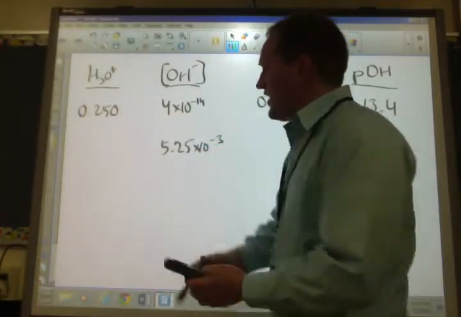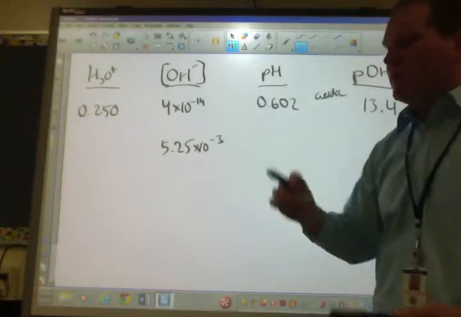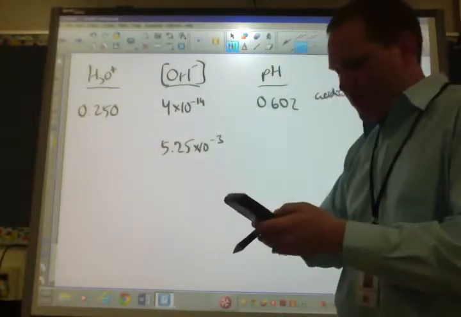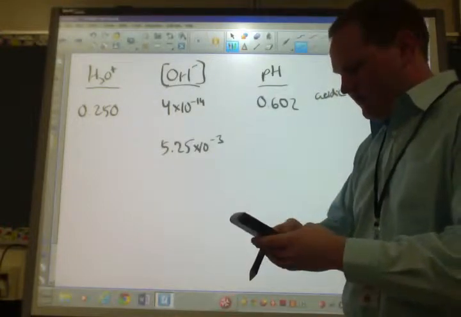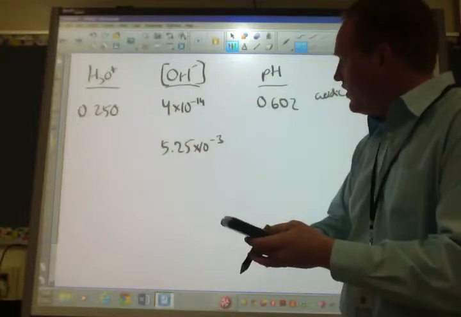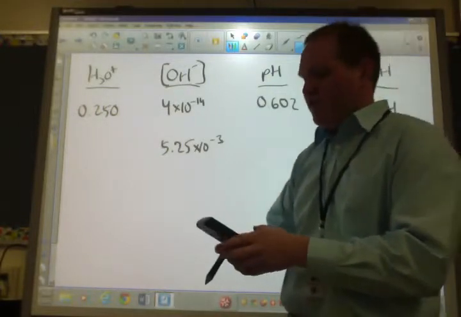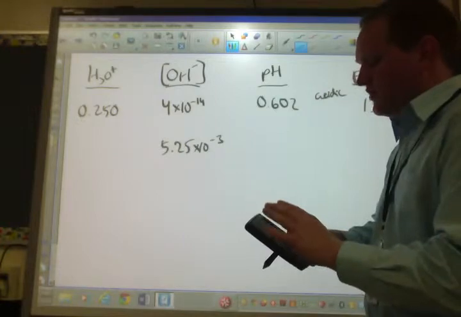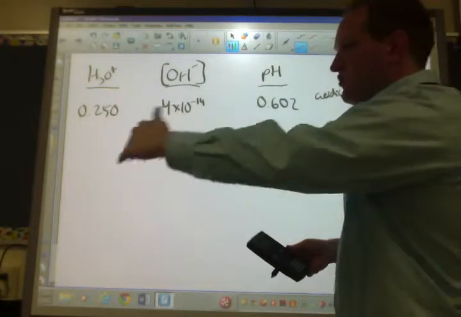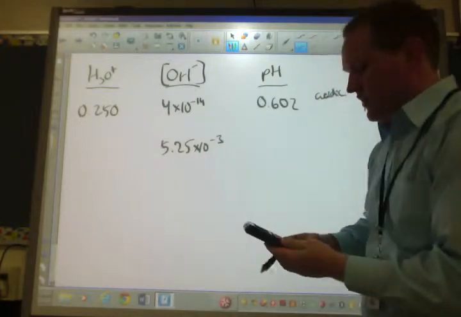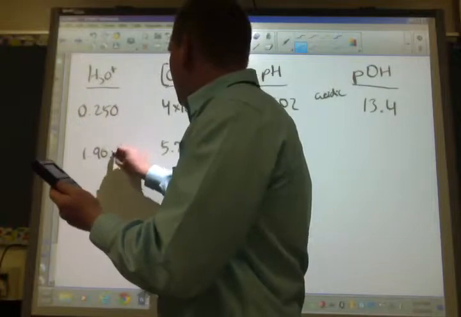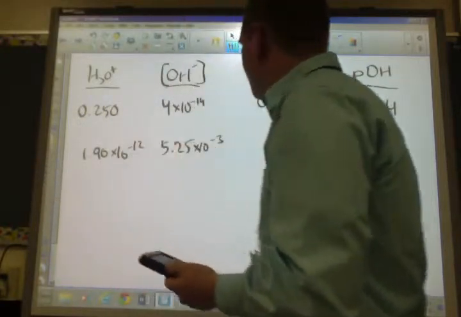So for this, I'm going to say 1.0 times 10 to the negative 14th divided by that will give me the concentration. 1E negative 14 divided by parentheses 5.25 E negative 3. If you don't do the parentheses, what the calculator thinks you want to do is divide it by 5.25 and then multiply what you got by this. Often gives you the wrong answer. 1.90 times 10 to the negative 12.